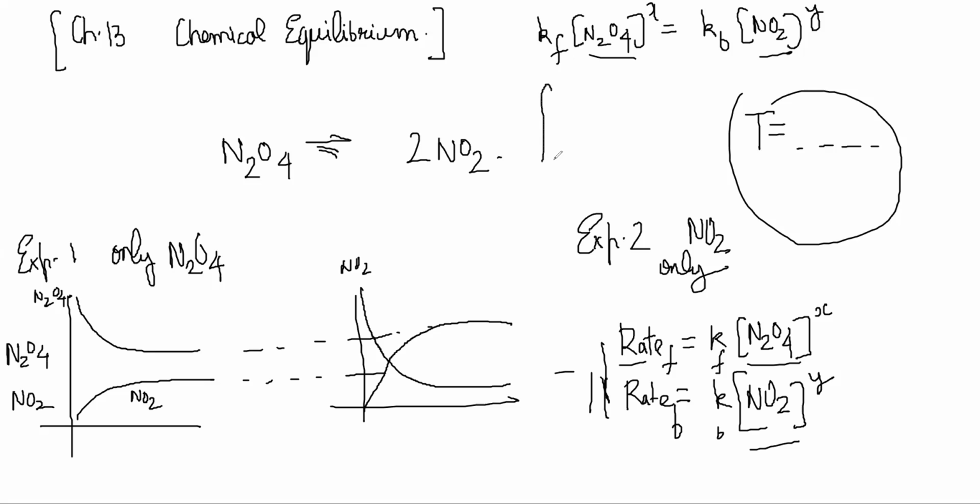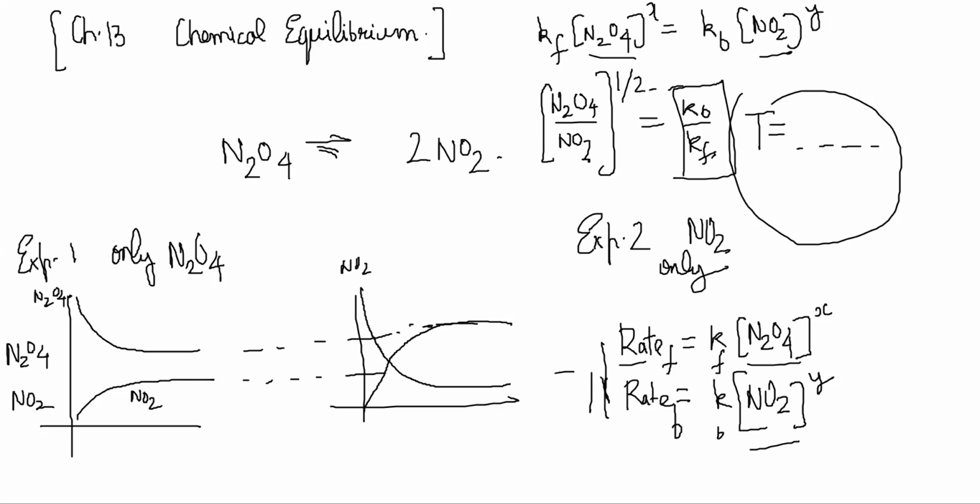And we can get a ratio directly. N2O4 by NO2 to the power 1 or 2 or whatever is equal to Kb by Kf, right? So the ratio remains constant in that case, right? If the ratio is remaining constant, then obviously we know that they have to reach the same levels, right? Same levels. So that is what he is explaining here.